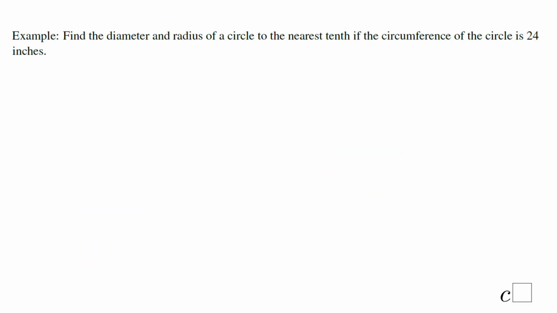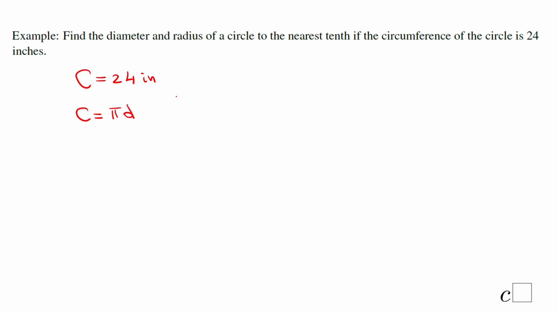On this problem, we go backwards and we have a circle with a circumference of 24 inches. And we need to find the diameter. So, if you remember, the circumference is pi d.